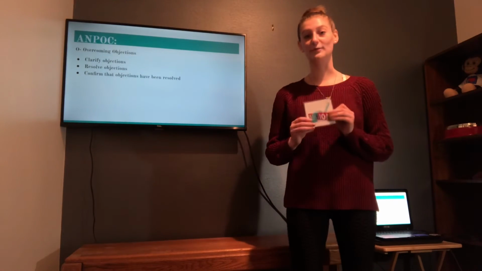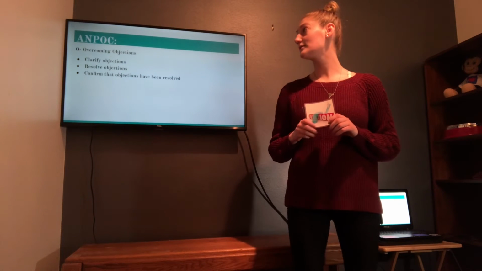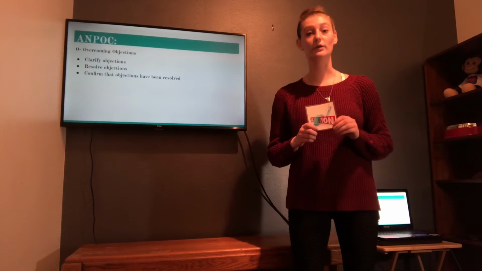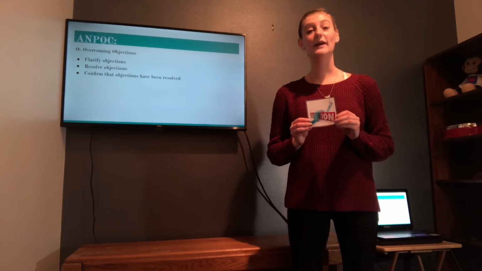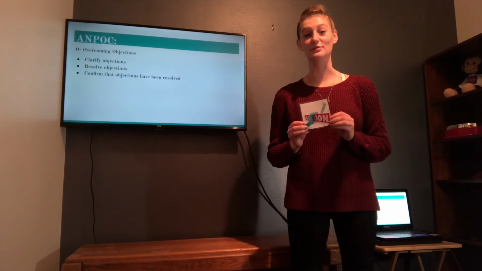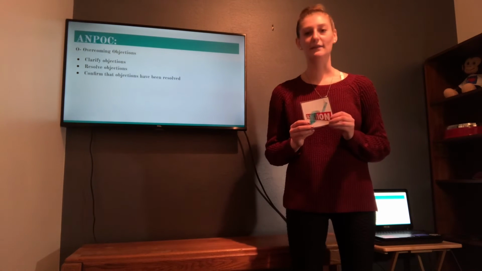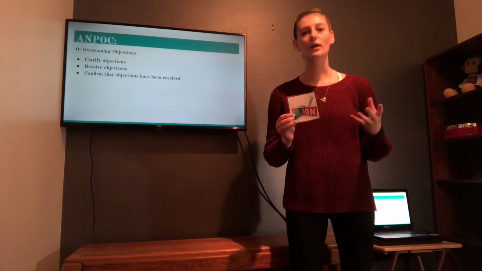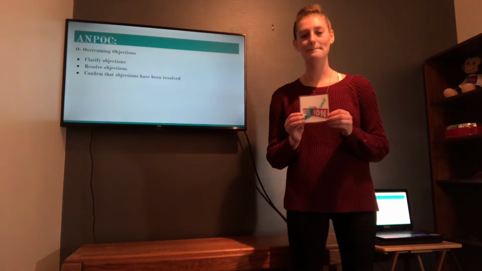Now for overcoming objections. This one has 3 sections that fall under the overcoming objections. They are clarify, resolve, and confirm that you have resolved the issue. So, clarify might look something like this. Oh, so your company needs cardstock paper that comes in blue and black?